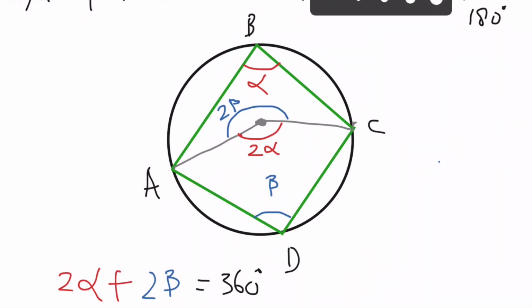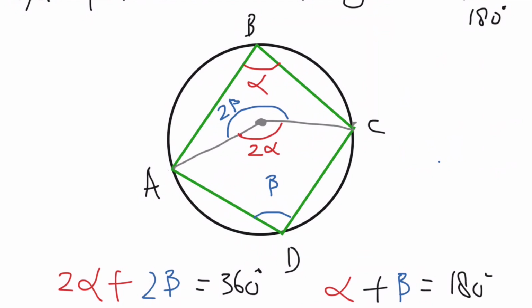So we can factorize, we take out the 2, so 2 times alpha plus beta is equal to 360 degrees, and alpha plus beta is equal to 360 divided by 2, which is equal to 180 degrees.